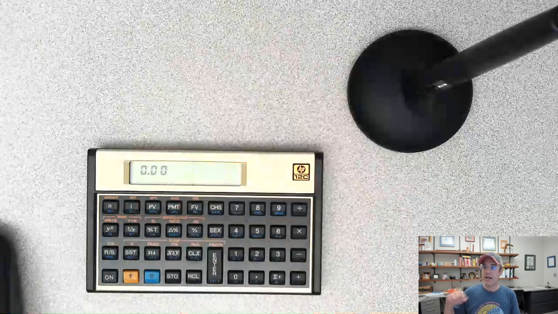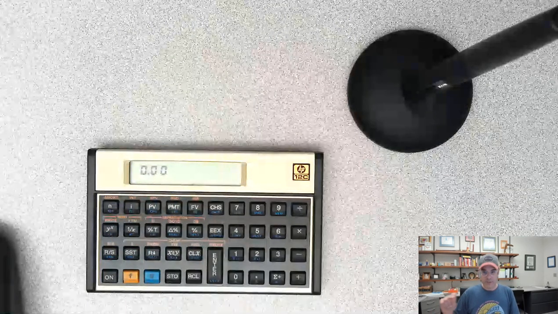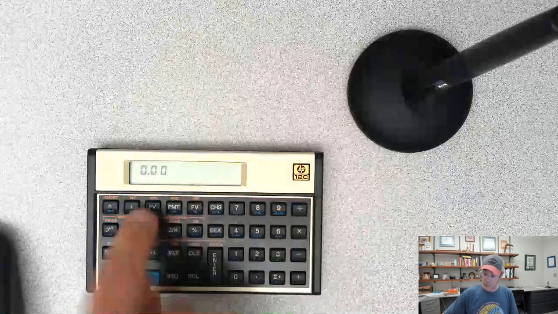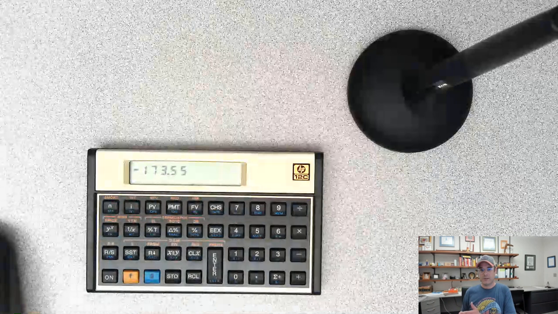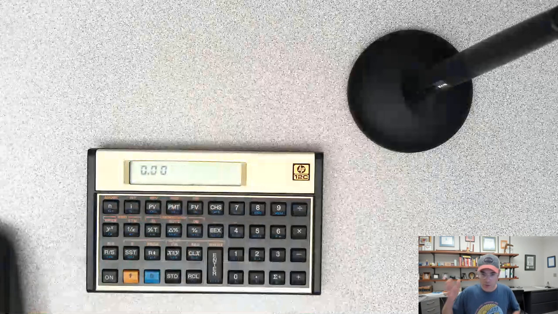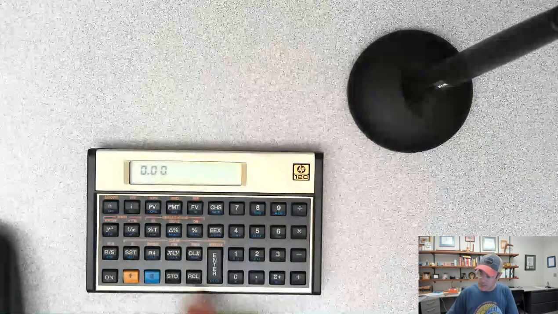It's not only good form to use the recall key, but it's good form to put 0 in for future value in instances like this when we're working to calculate the present value, because we want to make sure there are no stragglers. 2 $100 payments. There's no lump sum at the end. There could be, but there's not in this example.